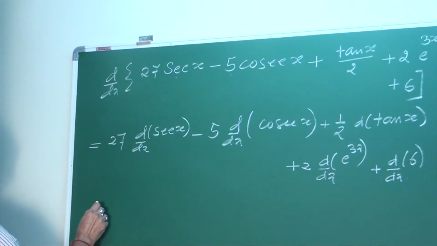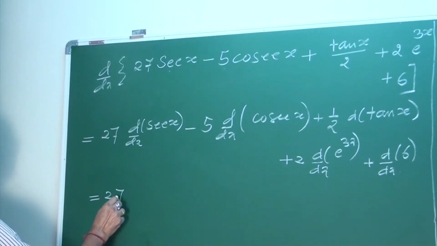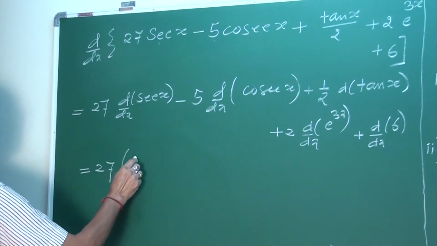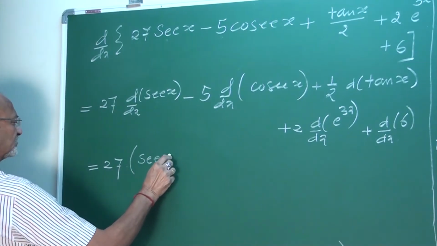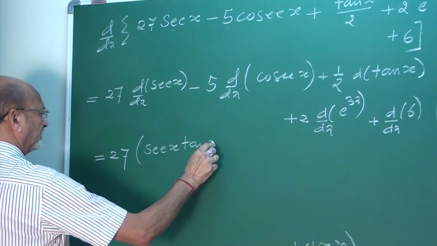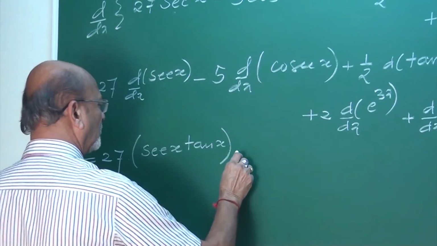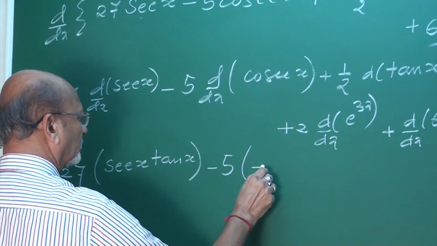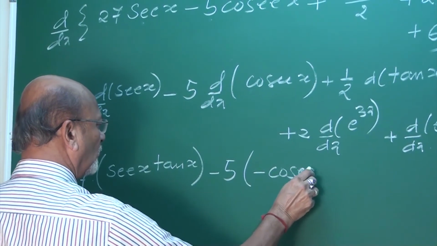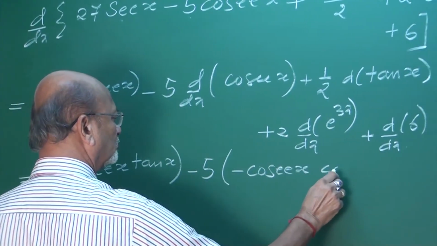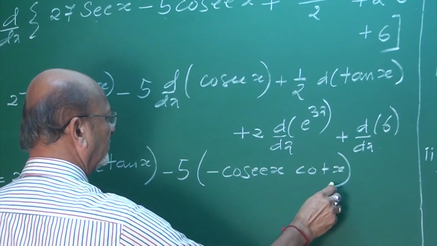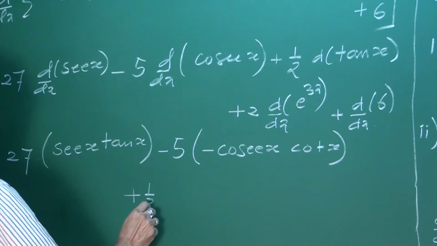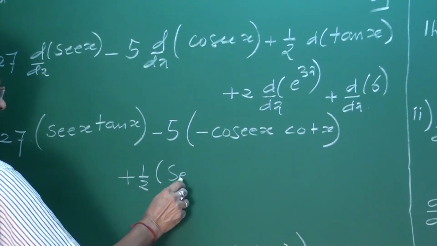Right, equal to. This is 27 into, I use bracket, sec x, what is the derivative of sec x? Sec x into tan x, minus 5. What is derivative of cosec? Negative, minus cosec x into cot x. Yes, friend. Plus 1 by 2 into what is the derivative of tan x? Sec square x.